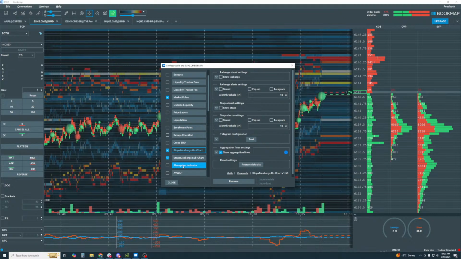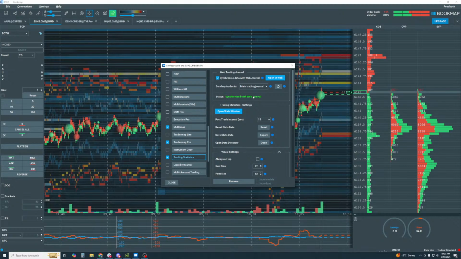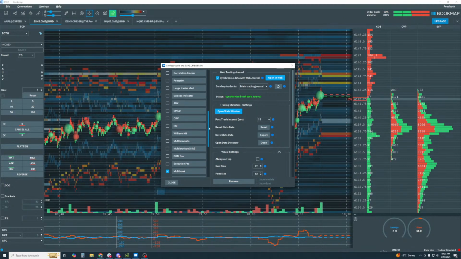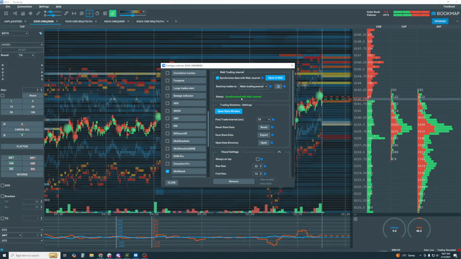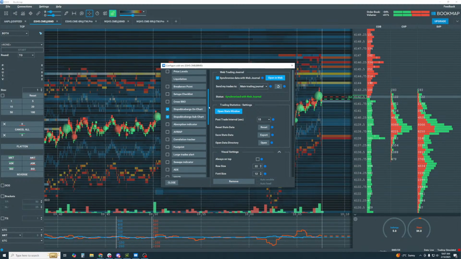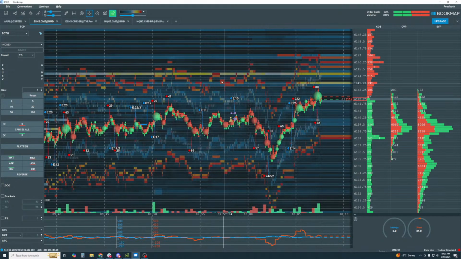Just wanted to mention that the trading statistics and your trading journal will still work in here. If you're trading in sim and you want to track your performance for specific setups, you can still use the trading journal here. All right, so stops and icebergs on chart. Let's show them, and we're good to go.